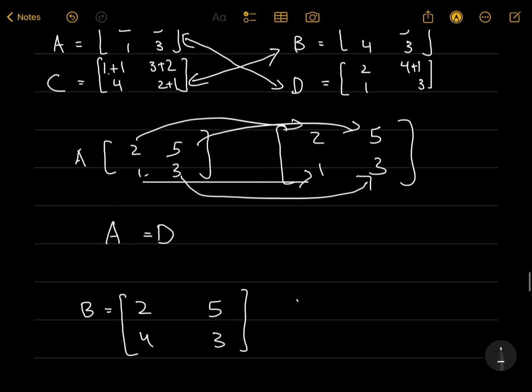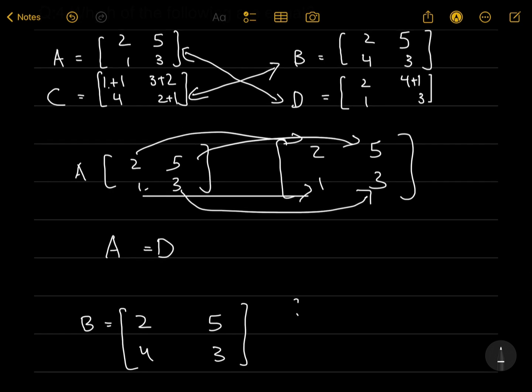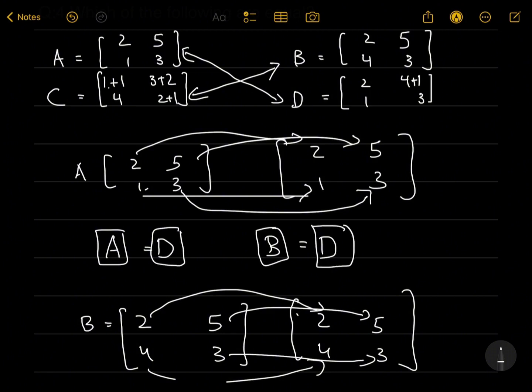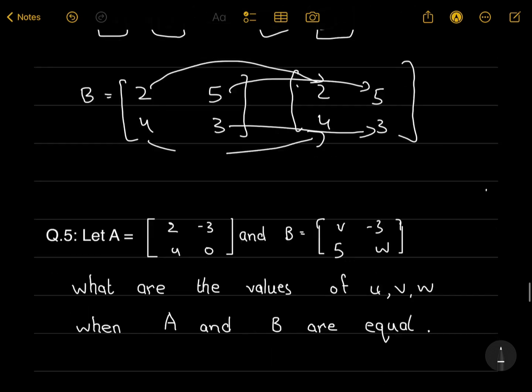Matrix C is 1 plus 1 is 2, 3 plus 2 is 5, 4, and then 2 plus 1 is 3. We get equality here: 2 is equal to 2, 5 is equal to 5, 4 is equal to 4, and 3 is equal to 3. So we know that B is equal to D. So matrix A is equal to D and B is equal to D. Moving on to the next question.